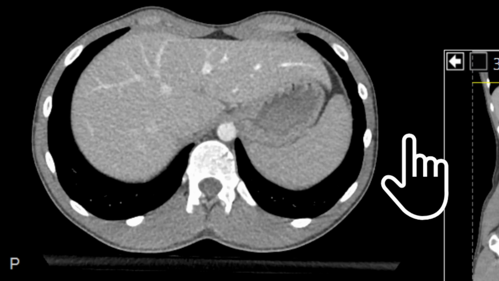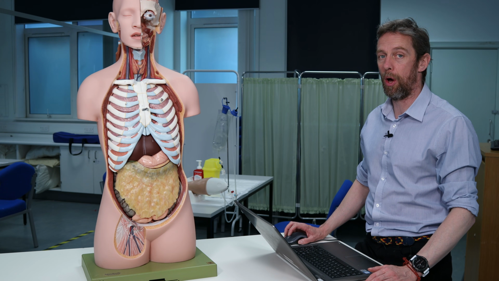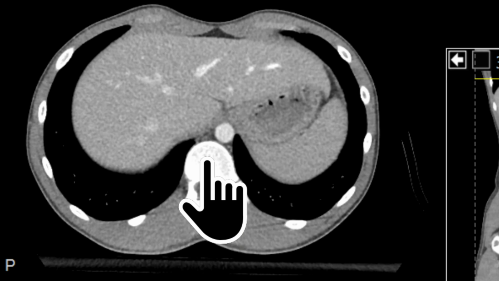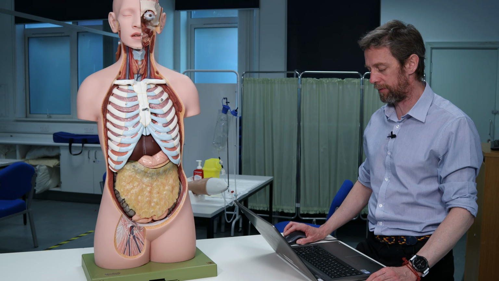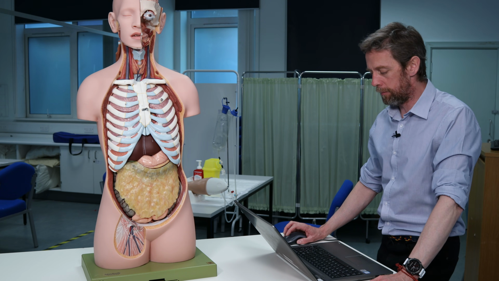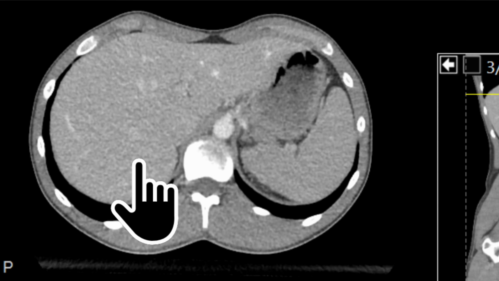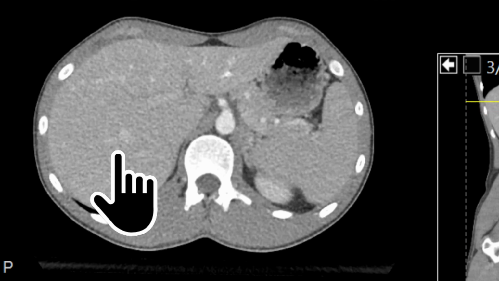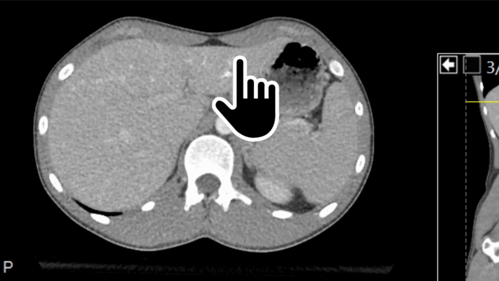So you need to consider that as it's X-ray based, things that are radio opaque, like bone, are bright. They're white because the X-rays pass through them with great difficulty or don't pass through them. And then softer tissues are various shades of grey depending upon how many X-rays can pass through them.